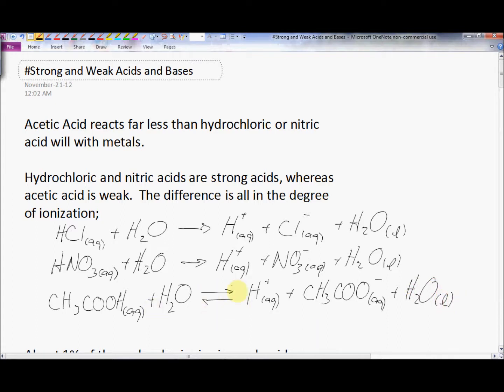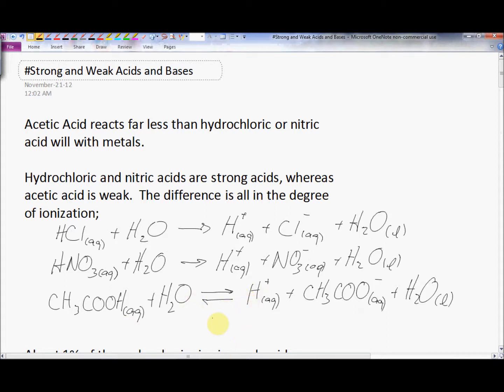And so what this symbol here means is that some of the acetic acid is moving forward and ionizing, and at the same time some of those ions are moving back into acetic acid form, and so the reaction goes backwards and forwards and backwards and forwards again until it reaches what's called an equilibrium situation.